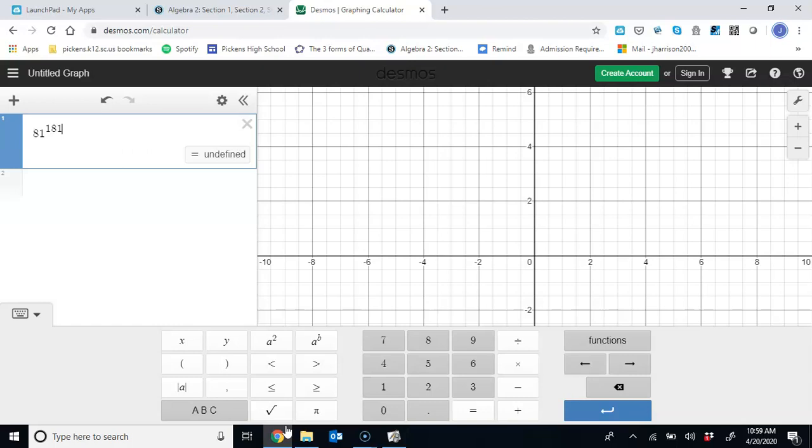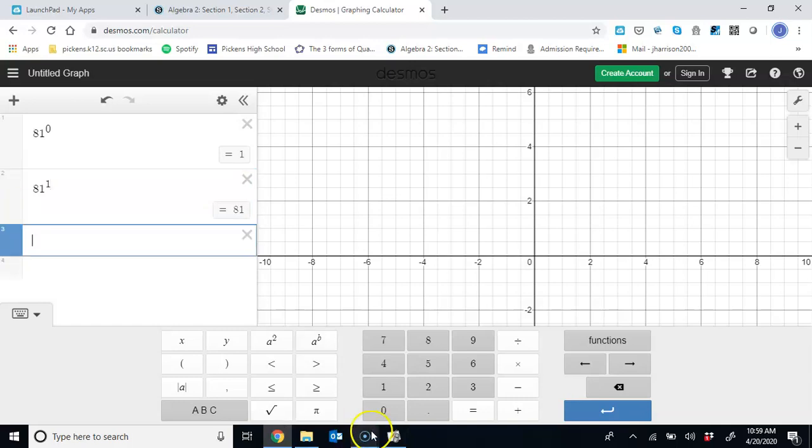Well, if you take 81, oh goodness, Mr. Harrison, 81 raised to the 0 power, you get 1. That's too low. So what does that mean? If 81 to the 0 power is 1 and 81 to the first power is 81, that means it's got to be somewhere between 0 and 1.